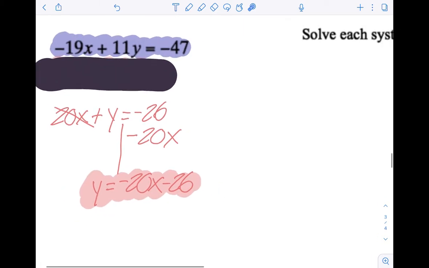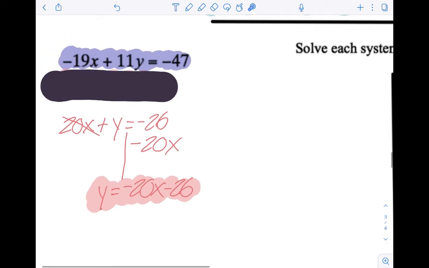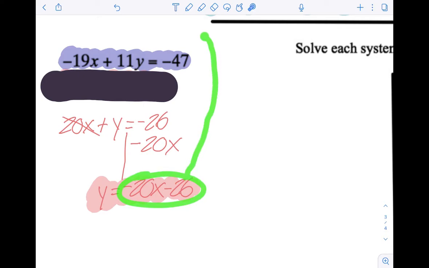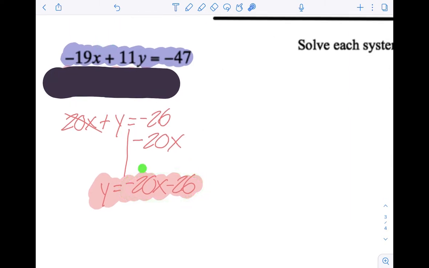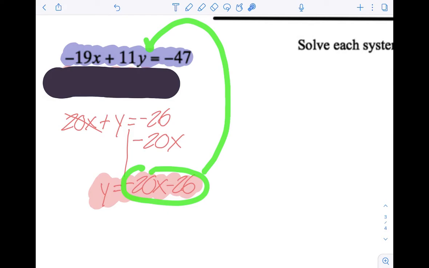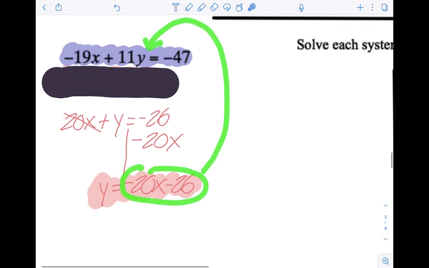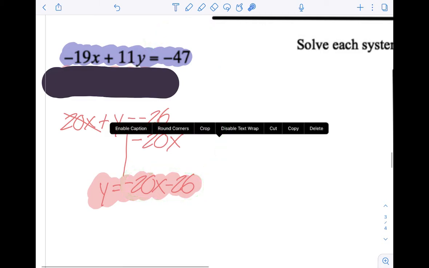So since this is y is equal to negative 20x minus 26, I'm going to plug it in all the way over here into y, because it says y equals. I'm going to plug it into y right here.